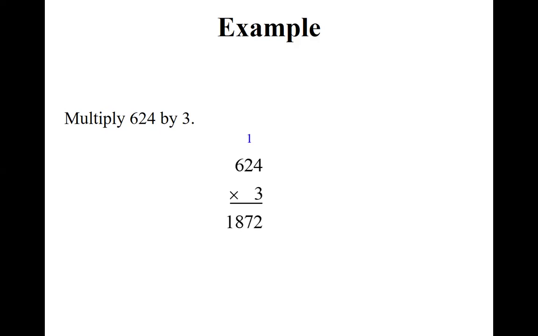We will set up 624 times 3. The process is to take the number in the bottom right and multiply it by each digit going right to left of the top number. Right to left is a recurring theme in doing math by hand, doing arithmetic by hand.